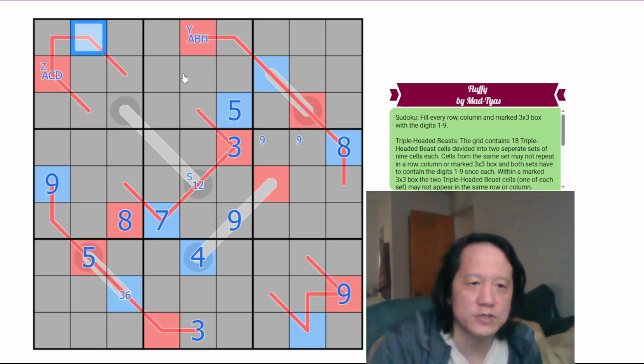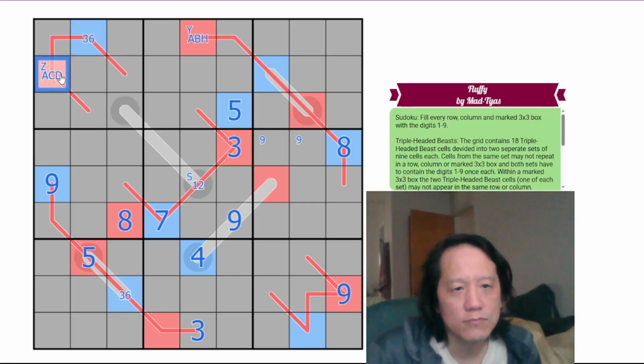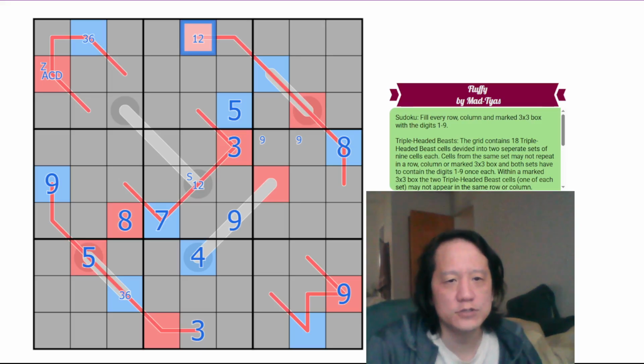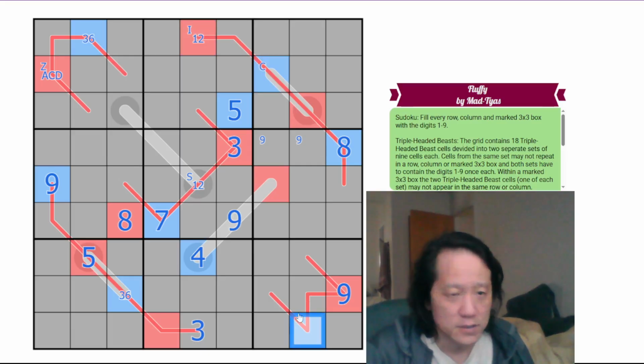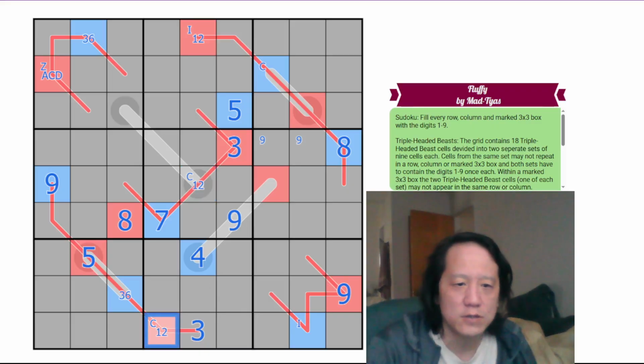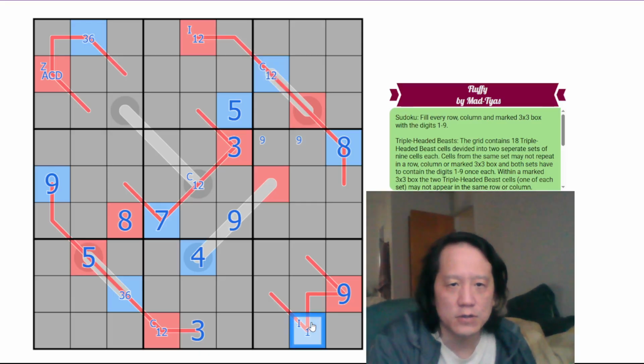This is 3 or 6. This is 1 and 2 as I. We had I there. We changed it to I, and this is C. So this is I, C, and this is not S. This is C. So we have 1 and 2 here, 1 and 2 here, 1 and 2 here.